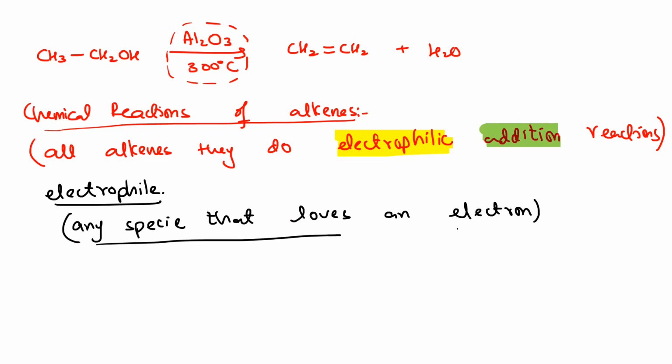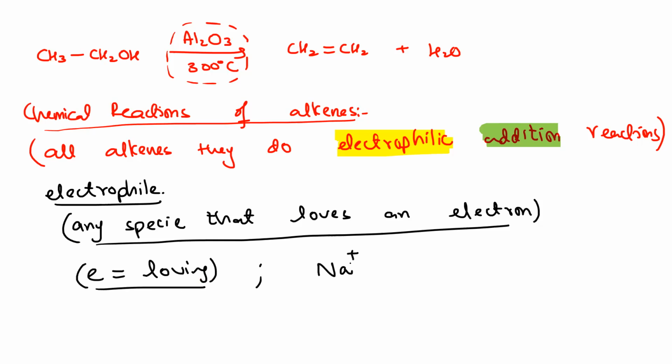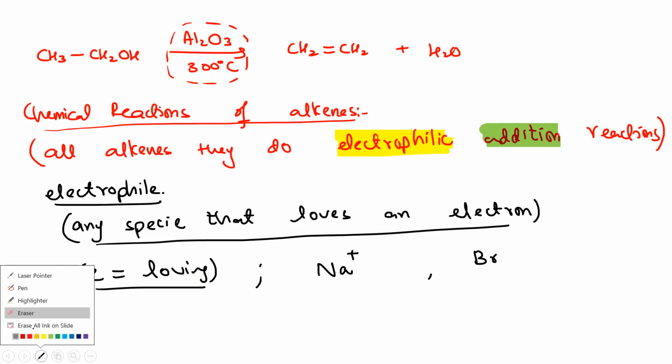So electron loving is an electrophile. It can be a cation, it can be a free radical as well. So anything that just wants an electron is an electrophile. That's very simple.